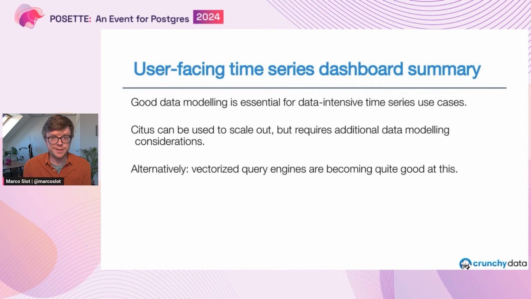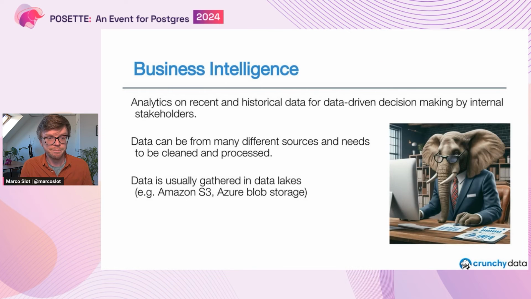With Postgres, you get a nice Swiss Army knife, but you have to figure out how to build it yourself to some extent, which views make sense for your application. One thing is that recently vectorized query engines are becoming better at this use case, but we'll discuss those a little bit more in the next workload.